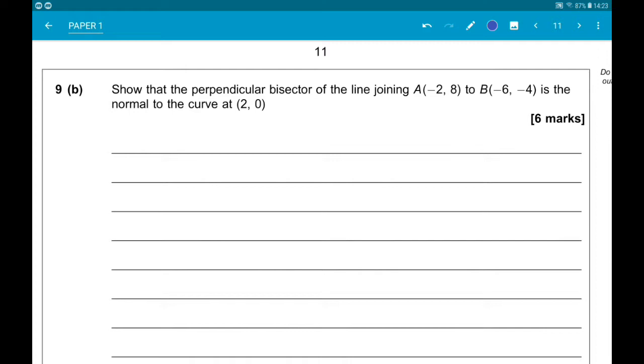So a bisector is a line that cuts through the midpoint of another line. And as it's perpendicular, the gradient is going to be perpendicular to AB. So let's find the perpendicular bisector first. Okay, so for this we're going to need the midpoint of AB. So let's find that.